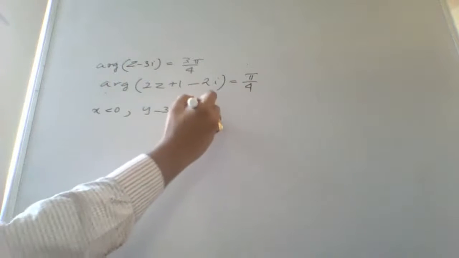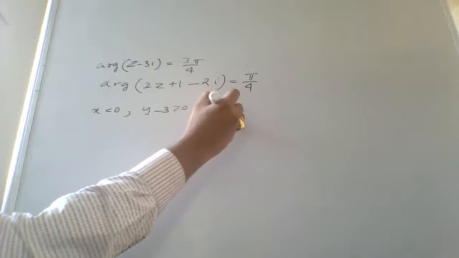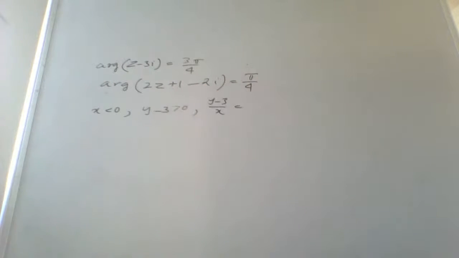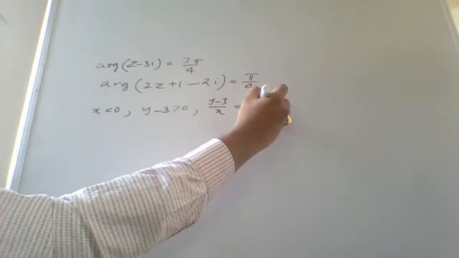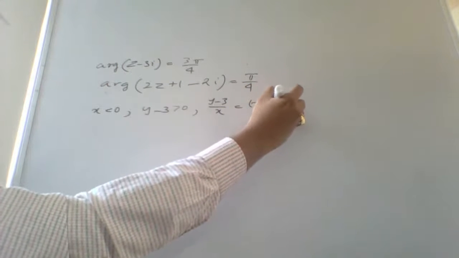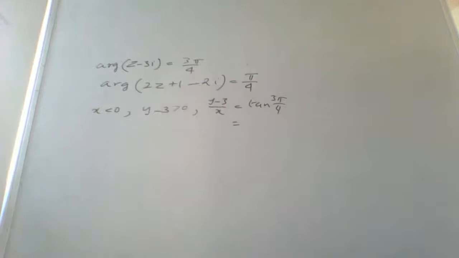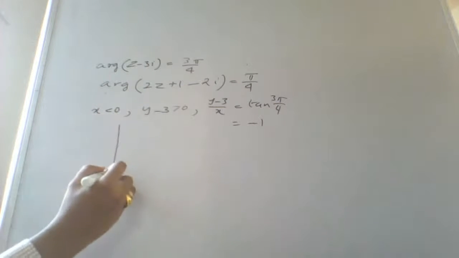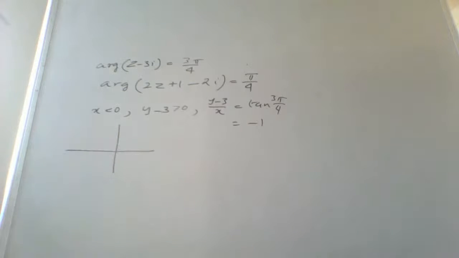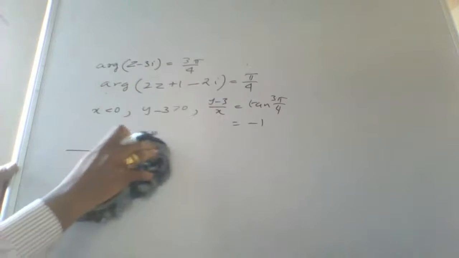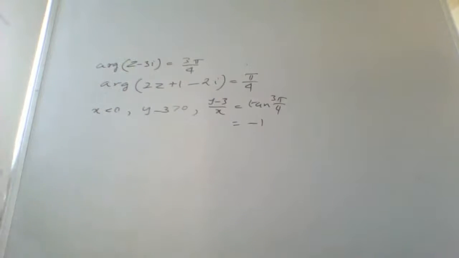So we have (y minus 3) divided by x equal to tan 3 pi by 4, which is equal to minus 1. Let me draw it on the real axis.